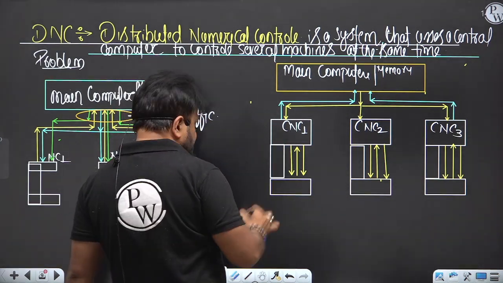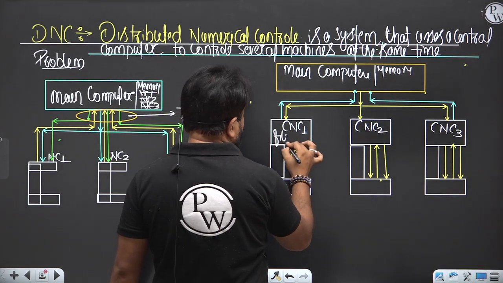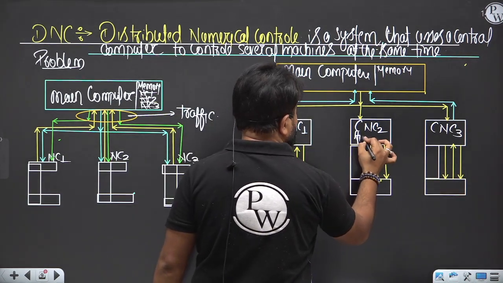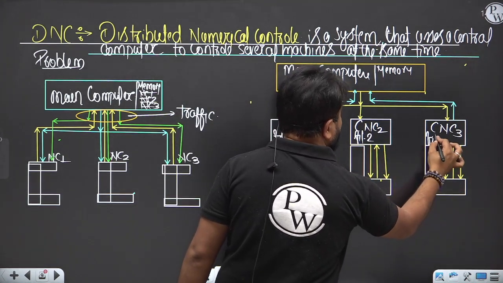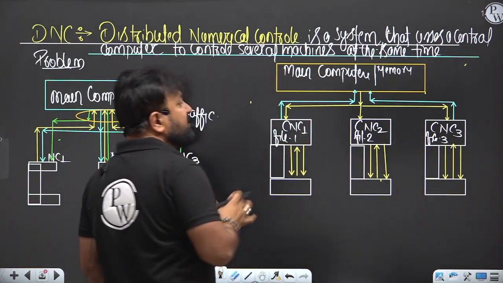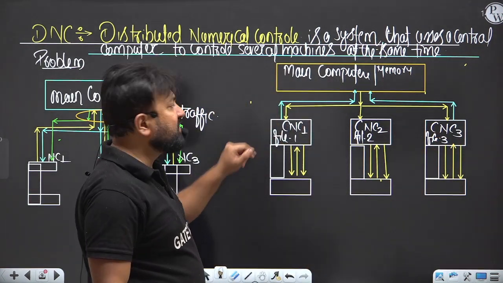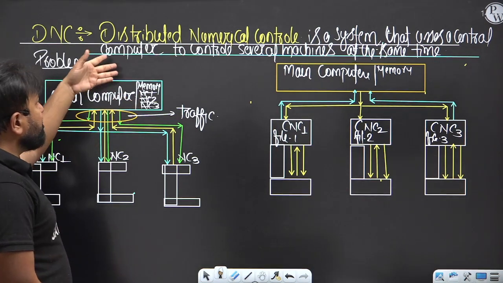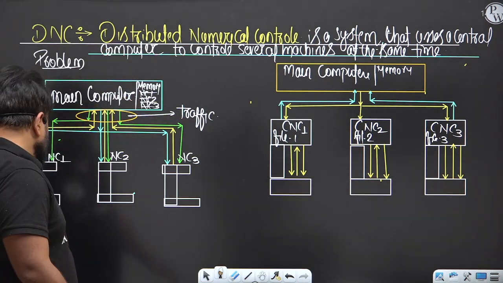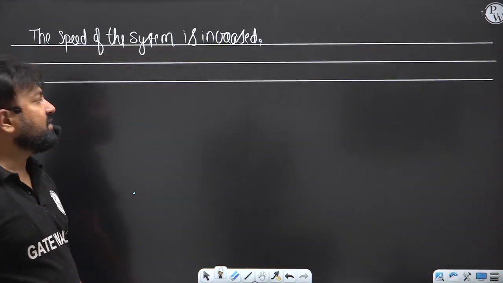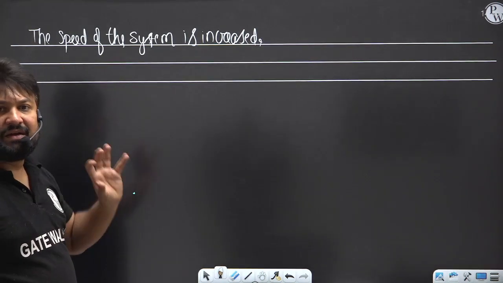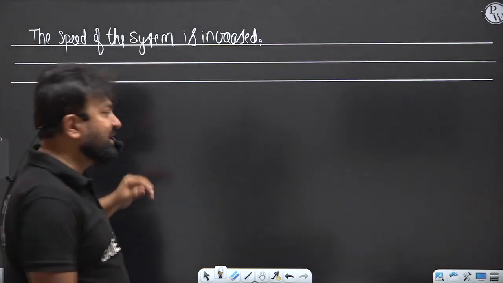So in this memory, files can be saved: file 1, file 2, file 3. In individual computers we can save the files, whereas in the main computer we would have to save all the files. So it is easier to handle, and large files can be handled.